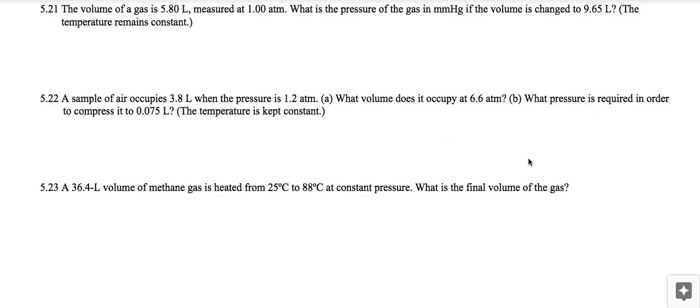All right, 21. The volume of the gas is 5.8 liters, measured at 1 atmosphere. What pressure is it going to be at 9.65 liters? Again, notice that we have units here to worry about. We have liters here, liters there, liters here, so that's fine. We have pressure here in atmospheres, but look, we need to have it in millimeters of mercury.